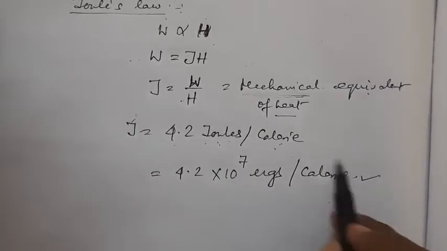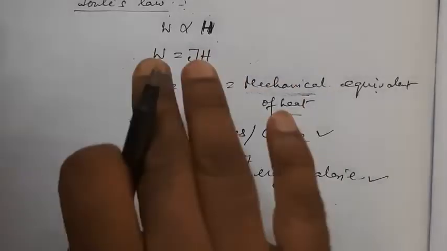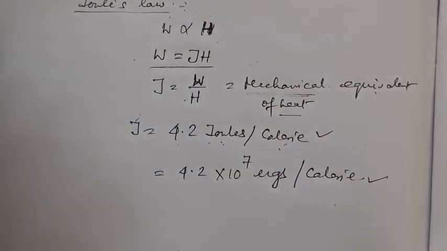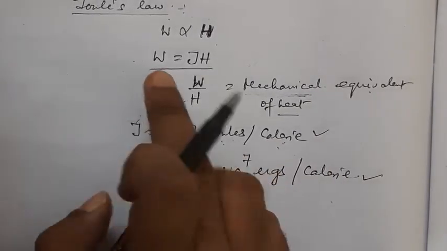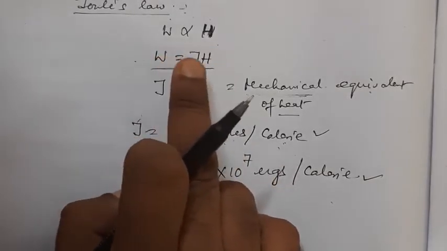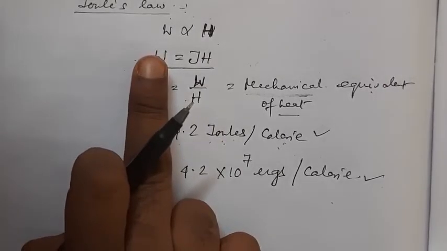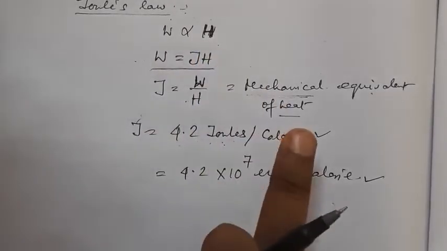Now you have to learn both these formats, and you have to use these values carefully in problems, because when you are converting heat into work using this relation, a difficulty will arise in placing the units of work and heat. If you put 4.2 here, then you have to state W or work in joules and heat in calories.